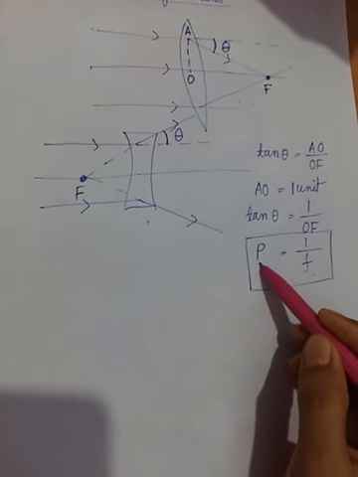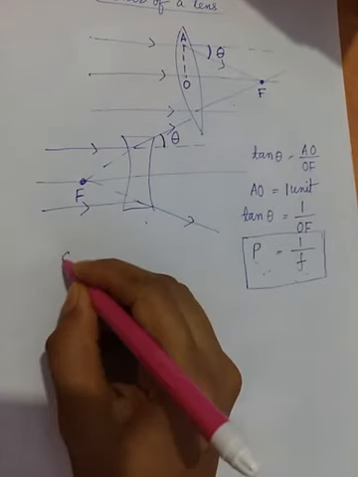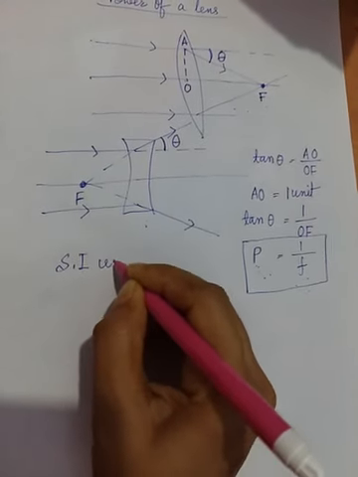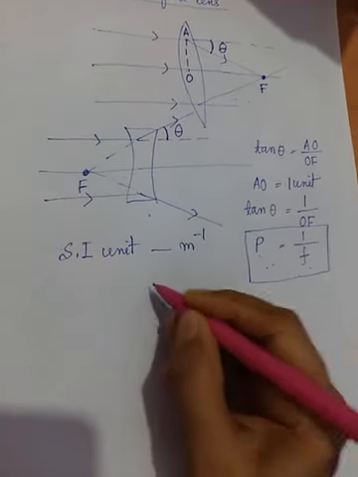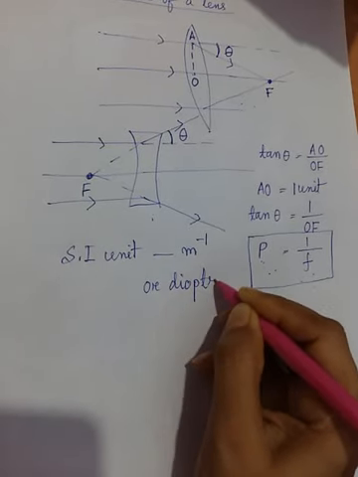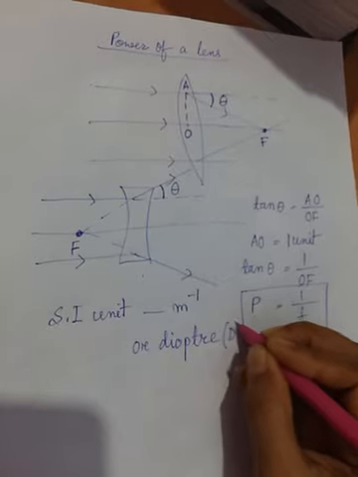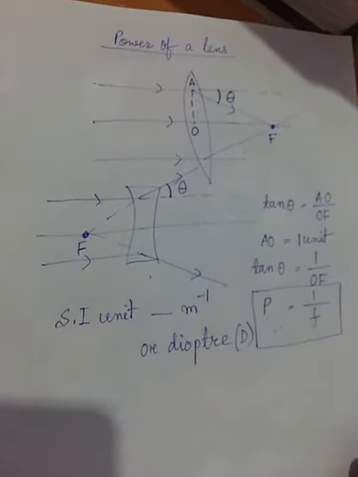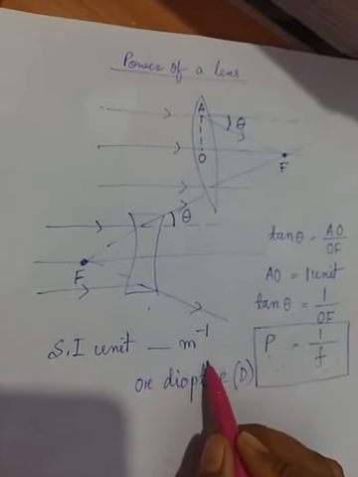Since power is 1 by f, its SI unit is what? The SI unit of power is meter inverse or diopter, and it is simply denoted by capital D. Diopter represents meter inverse, not centimeter inverse.